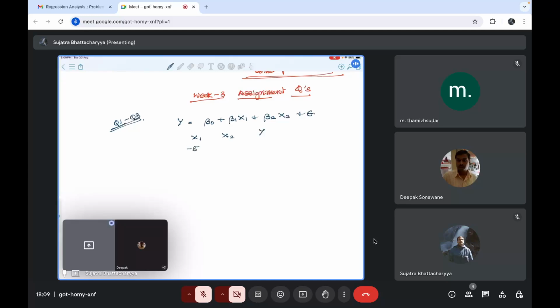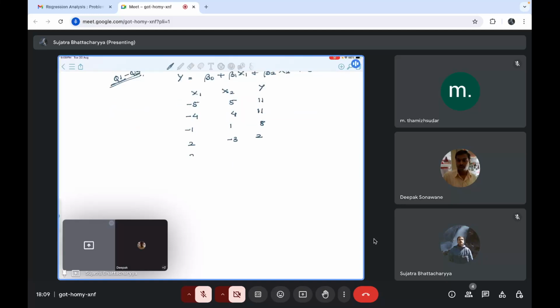Let me write quickly: minus 5, 5, 11; minus 4, 4, 11; minus 1, 1, 8; 2, minus 3, 2; 2, and then 3; minus 2, minus 2, minus 3; and 5, 5, and 4. So n is equal to 7, the total number of samples.